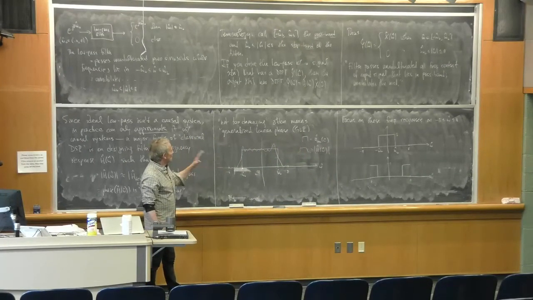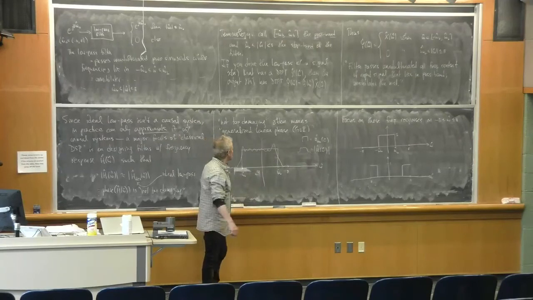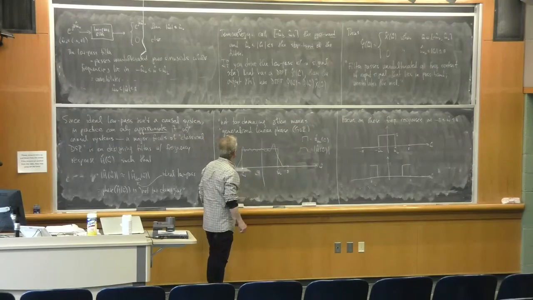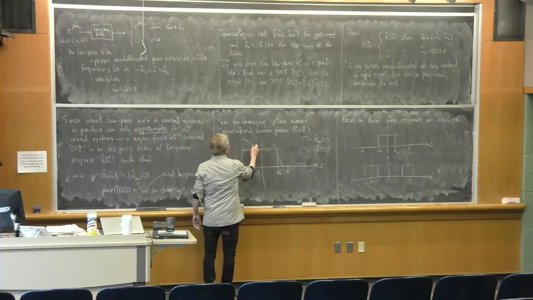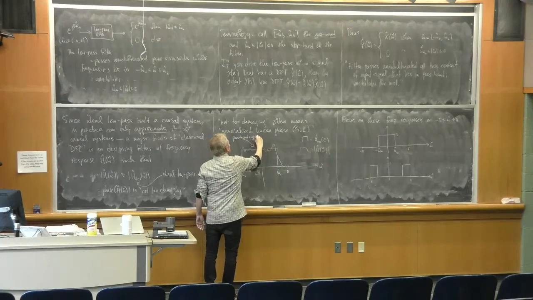Now, the various imperfections in this picture, in the approximation of the magnitude to the desired magnitude, people give names to these things. They call this ripply behavior in here passband ripple. Big, creative naming.